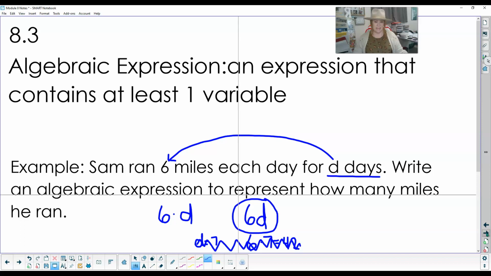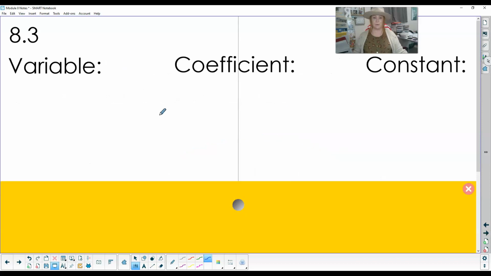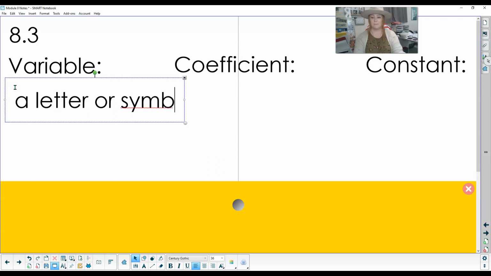So let's take a look at some vocabulary words in these algebraic expressions. So our variable is a letter or symbol. Once we get into upper math, like we're in now, we don't really use symbols. Like sometimes you might have seen, what is this box equal? What is this star going to be?